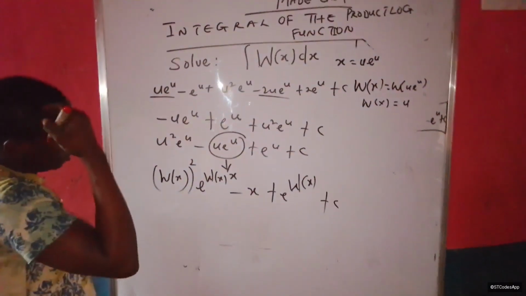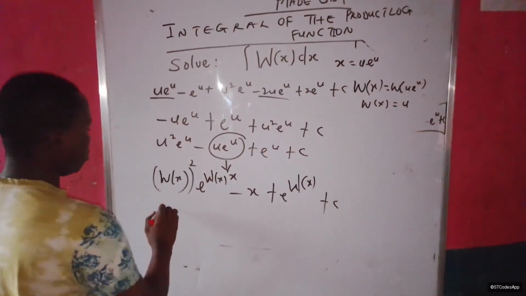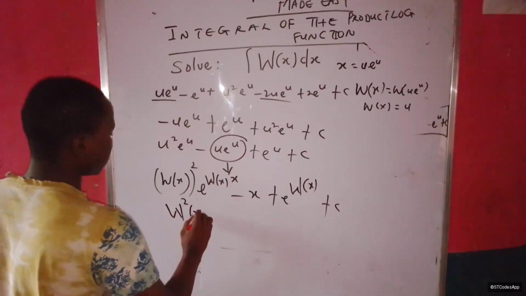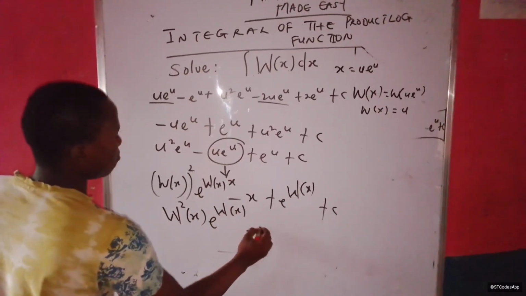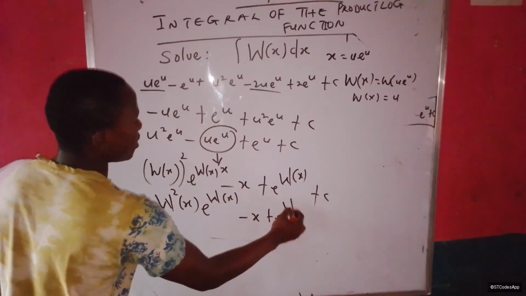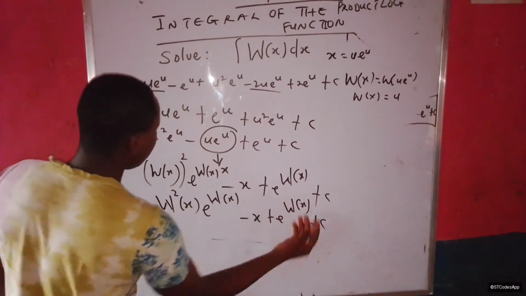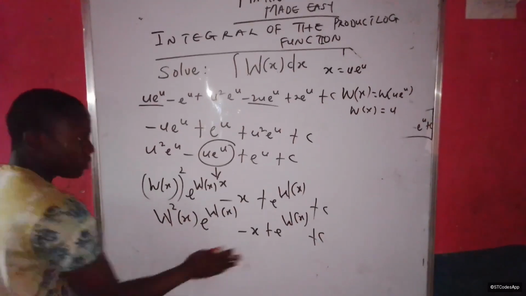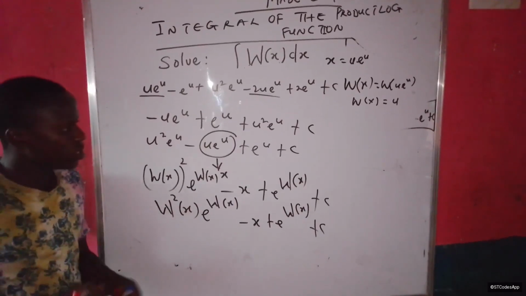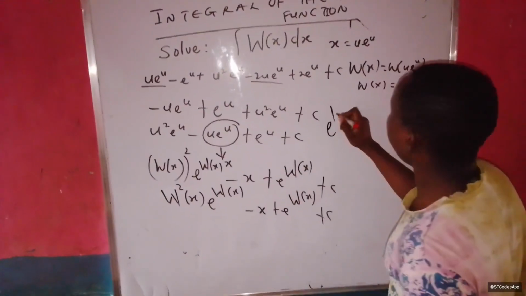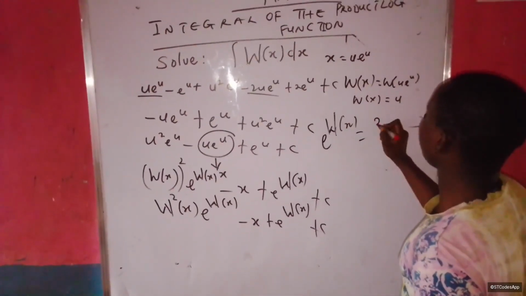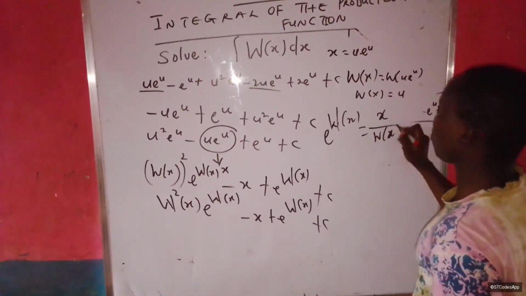So next thing you have to do here is, this will just be omega squared of x, e raised to the power of omega of x minus x plus e raised to the power of omega of x plus c. You can leave your answer like this, it is correct, but let me just write one property of the product log. If you have e raised to the power of product log of x, this is going to give you x over product log of x.